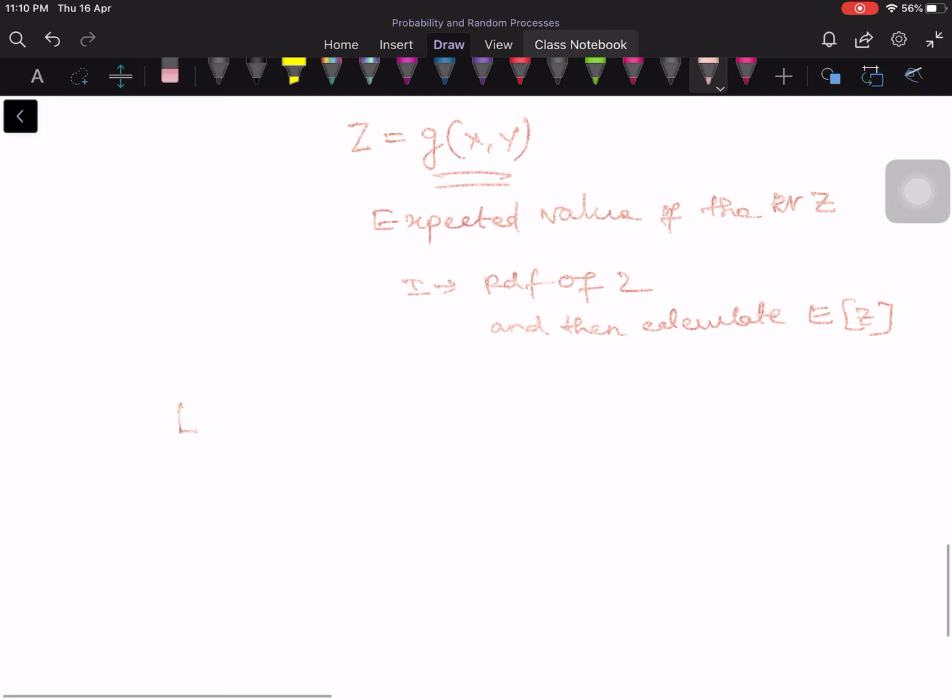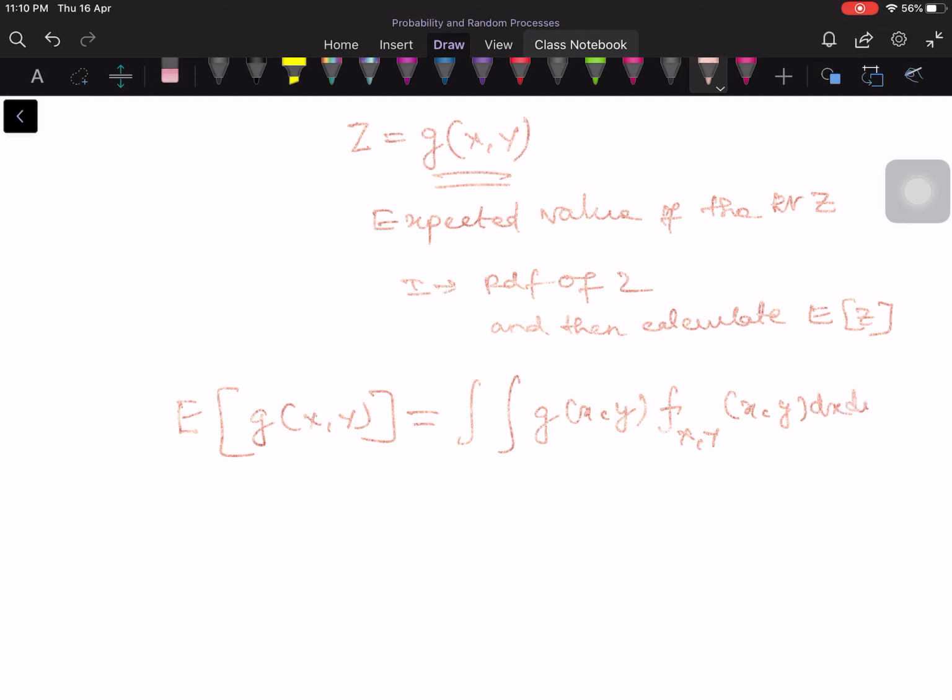Therefore, the expectation E[g(X, Y)] is equal to the double integral of g(x, y) times the original density function f_{X,Y}(x, y) dx dy, with limits from minus infinity to plus infinity.